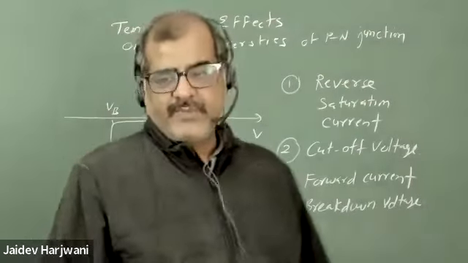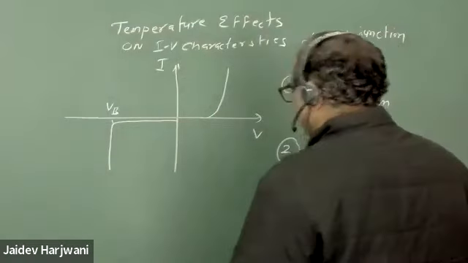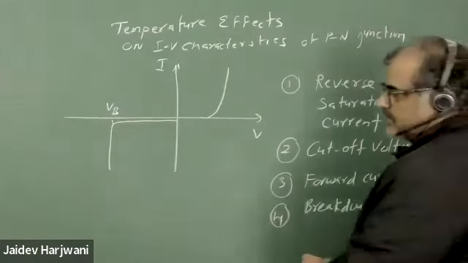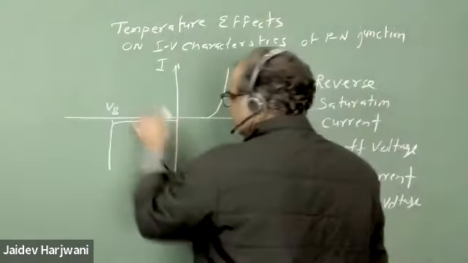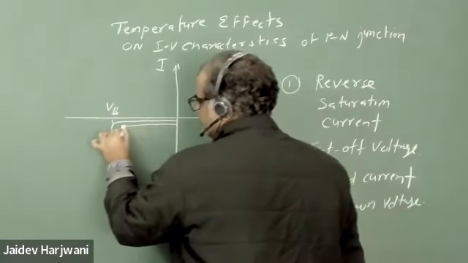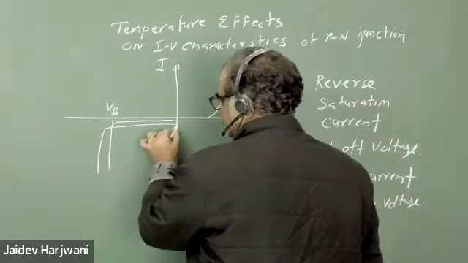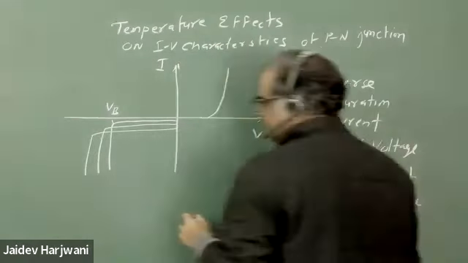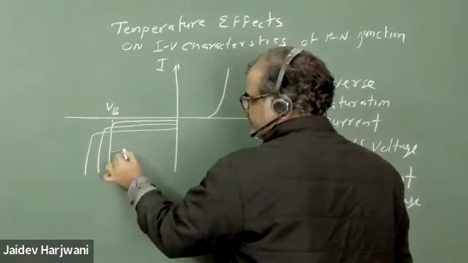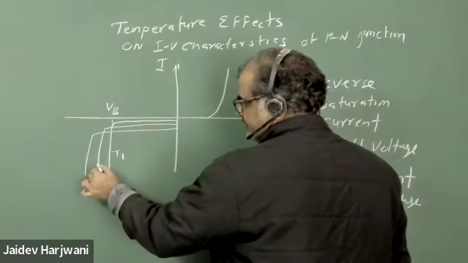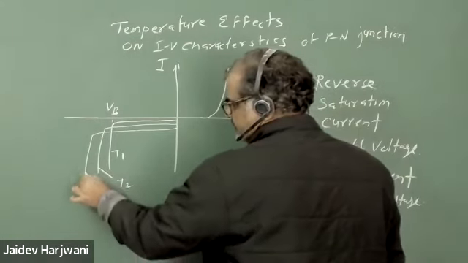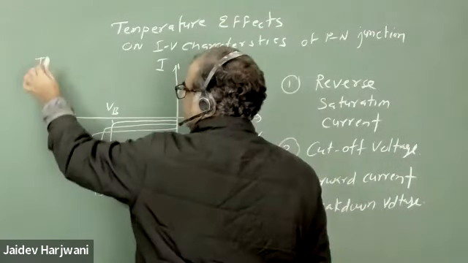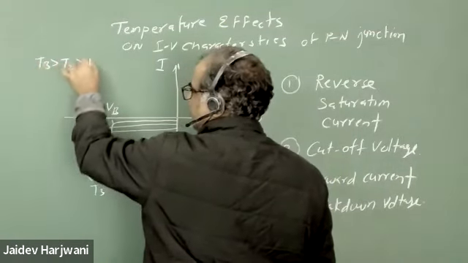Okay, so I'm discussing the effect of temperature on IV characteristics. First, reverse saturation current. As I increase the temperature, my reverse saturation current increases. Say this graph is at temperature T1, this is at T2, and this is at T3, where T3 is greater than T2 is greater than T1.